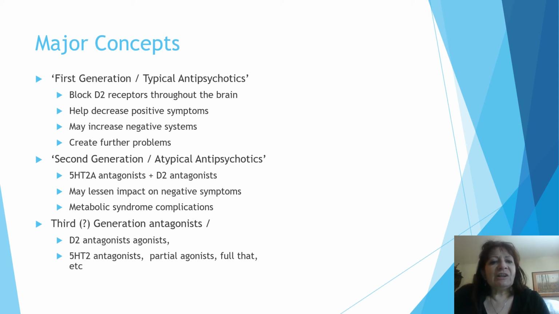The second generation, the atypical antipsychotics, are not only D2 antagonists, they are also 5-HT2A antagonists. Because of this, the impact on negative symptoms may be lessened. Problem is that the atypical antipsychotics can cause metabolic syndrome complications.